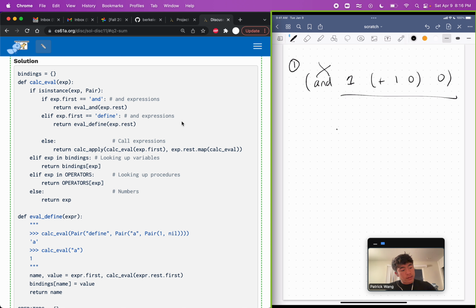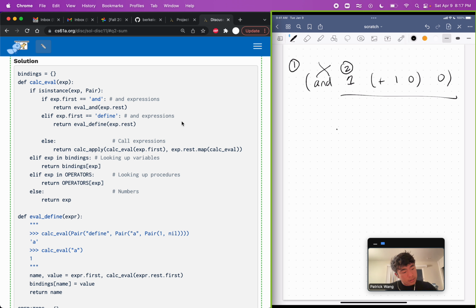And so what happens here is that, remember that and is going to evaluate every single operand until we see a falsy value, and it's going to return it. Starting off with the first one, we're going to evaluate that and see that it's just a value 1, and we know that it's a truthy value, so we're going to move on.